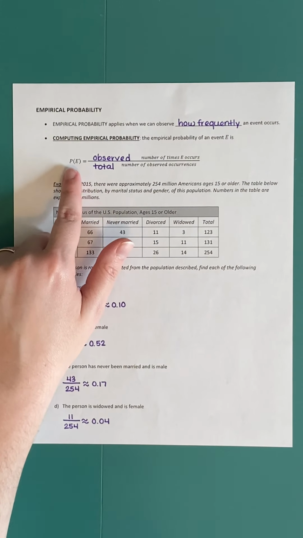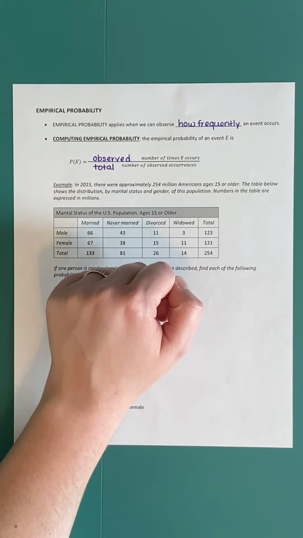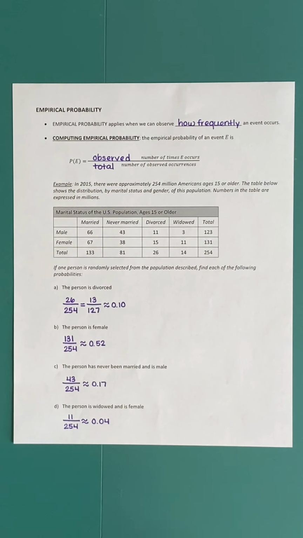The denominator based on empirical probability is going to be the total number of observed occurrences. Think of that as the number of times you performed your particular experiment. So say you performed an experiment 50 times and logged the outcomes for each of those 50 trials. That's going to be your denominator. It's going to be the 50 total times you performed the experiment.